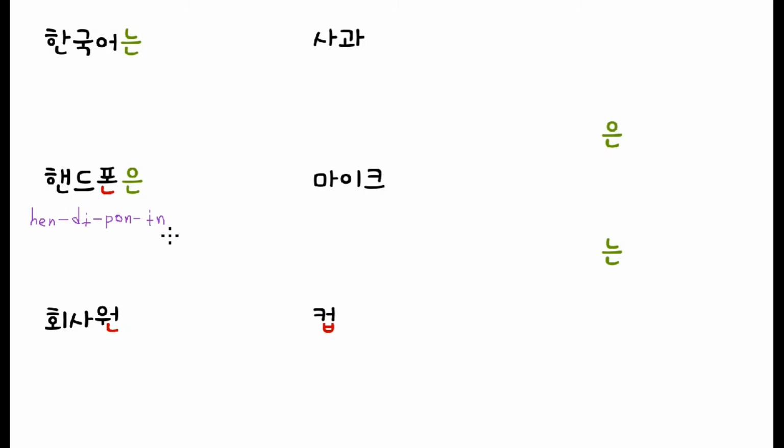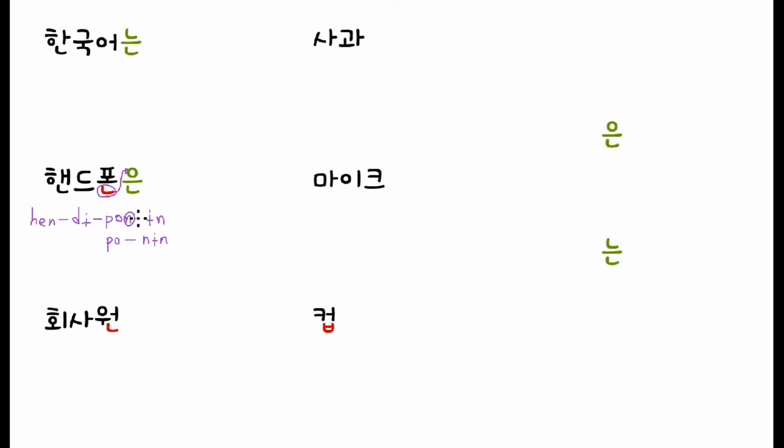But I talked about that in the previous tutorial: when the round shape is the first consonant, and the previous character has a last consonant, which is this one, this one will come up to here. So it would become 폰 and 은.